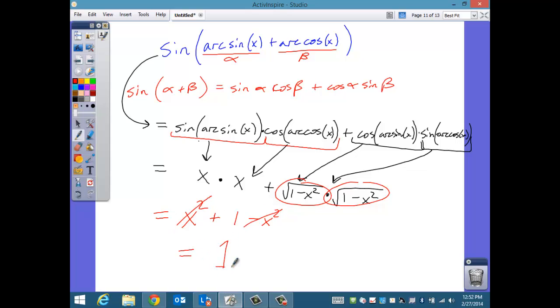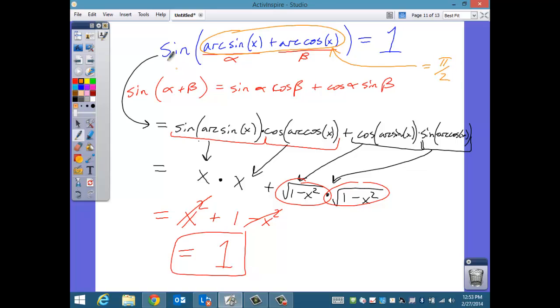I just have a nice 1. Okay? And here's what we pointed out in class. This is the coolest thing about this, is that we can now say, since our original expression is equal to 1, that means that our argument here, the sine of this is equal to 1, well, that means that this right here must be pi over 2.